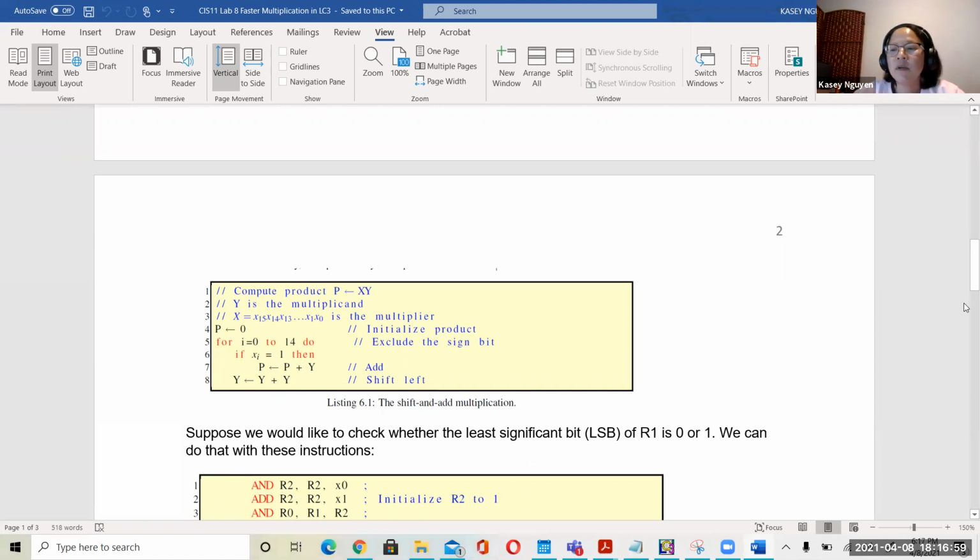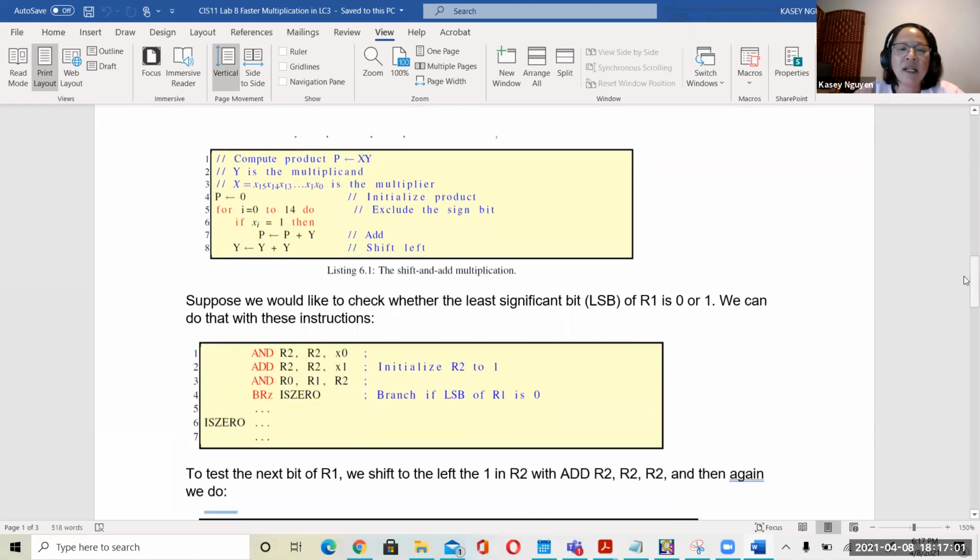So in the next part, what it's telling us is that when we check whether the least significant bit, for example of register 1, is 0 or 1, we can implement something like this. Just as I mentioned, we would see how these two lines clear, okay?